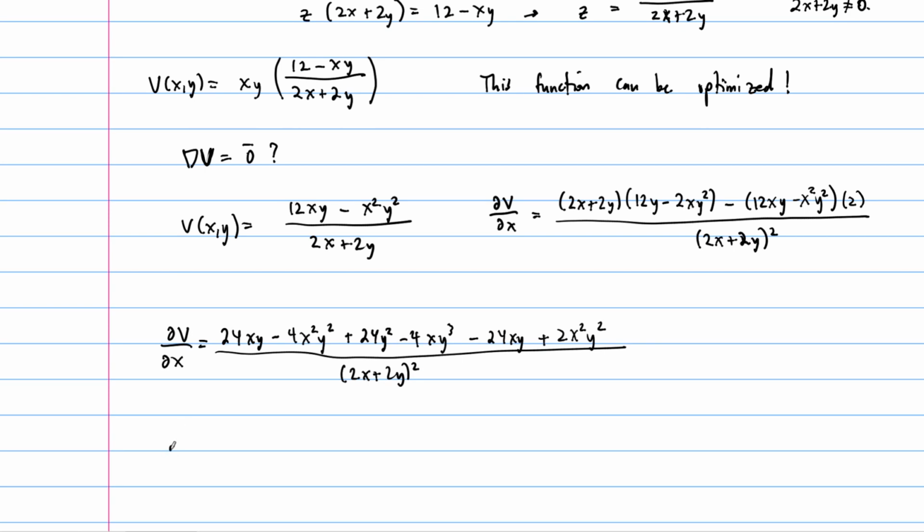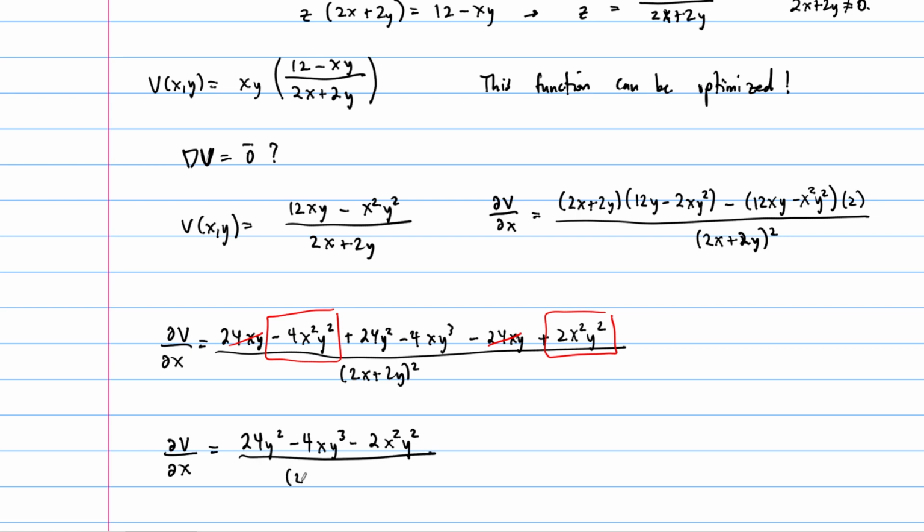And then we simplify. So dV by dx is going to be what? Combine like terms, right? So 24xy and 24xy, those are gone. We can combine our x squared y squared terms. So there's going to be negative 2 of those, and then we have all the rest of this, right? So this is going to give us 24y squared minus 4xy cubed minus 2x squared y squared.